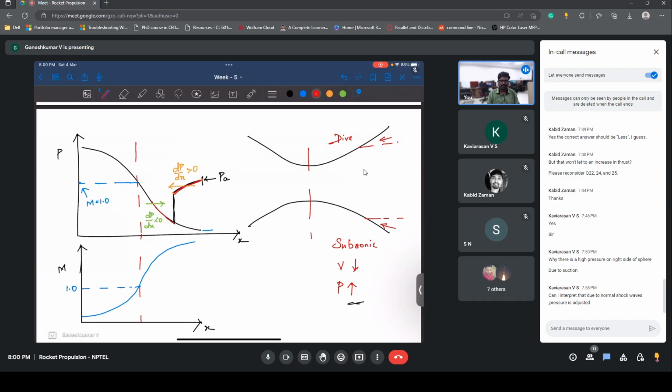We call it a discontinuity because it is not continuous. It suddenly changes from very low pressure to high pressure, and high velocity to low velocity. So actually, what the shock does is adjust the flow such that it meets the ambient pressure. That is the reason.